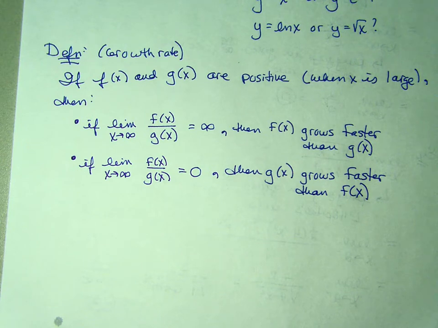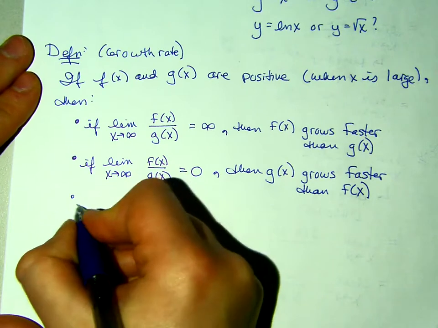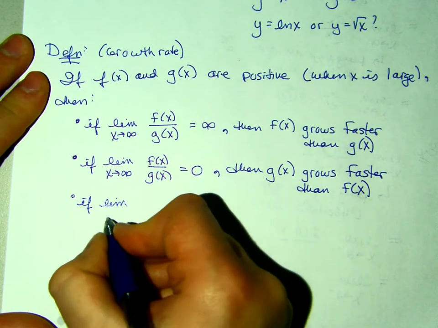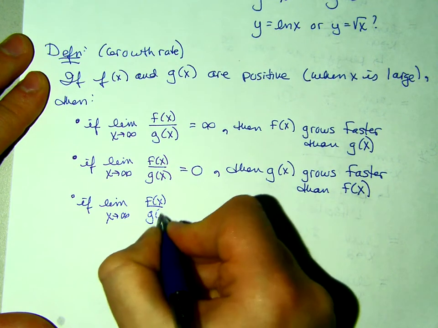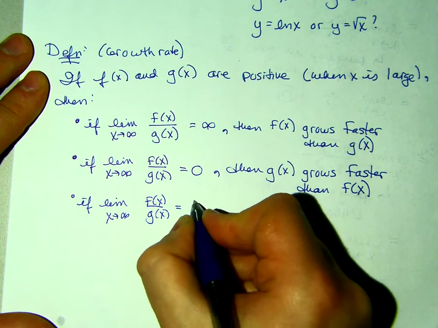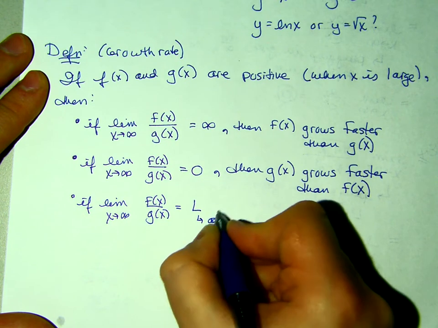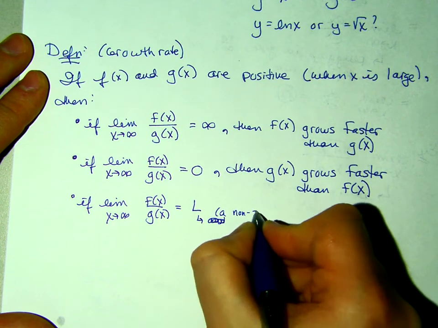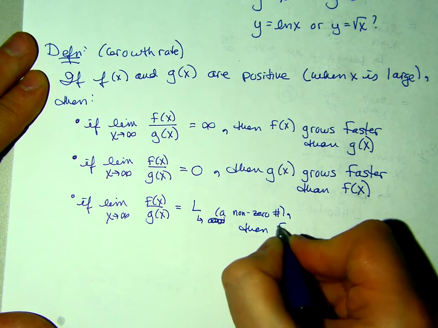If it equals some number that's not 0 and not infinity, then we're going to say those two functions grow at the same rate. If the limit as x approaches infinity of f of x over g of x equals, I'll say L, a non-zero number, then f of x and g of x grow at the same rate.